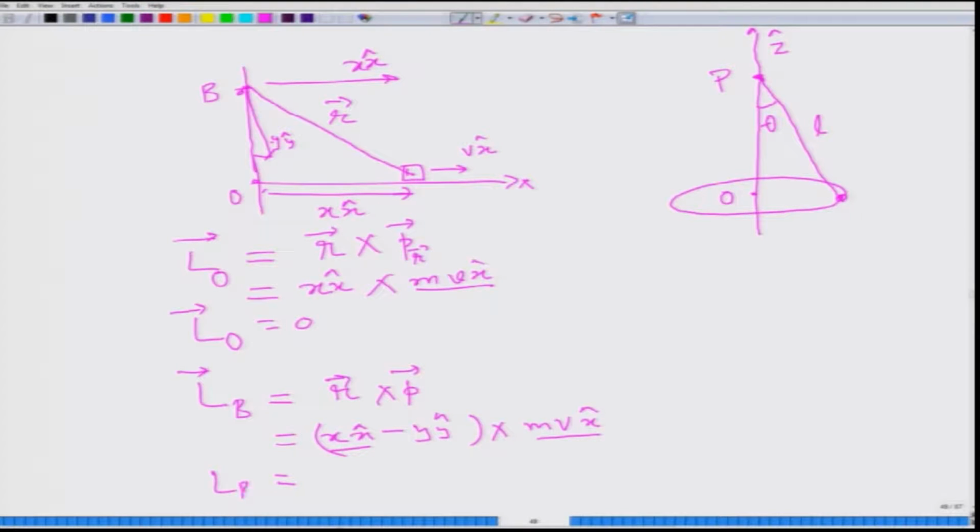So the angular momentum about point B is minus m v y, and then y cross x will be minus z. So it is m v y in the positive z direction.